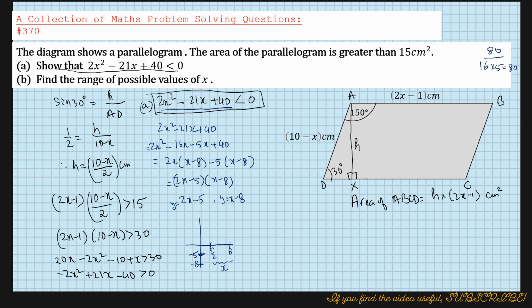So we can say that 5 out of 2 is less than x is less than 8. So 5 out of 2 I can write as 2.5 is less than x is less than 8, and that is the range of possible values for x, and that's the answer.